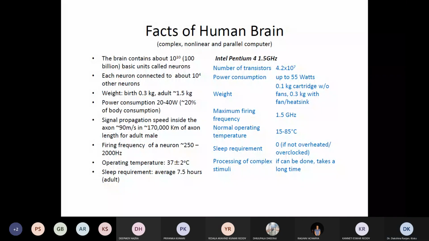Okay, so these are the different facts about the human brain. And if we consider the facts about a standalone computer or supercomputer, and look at the different aspects of the computer system, then we can see that the capacity of the human brain is much more than that of a computer system.